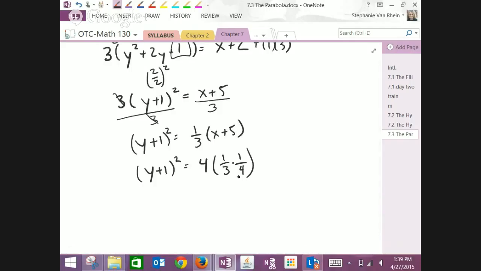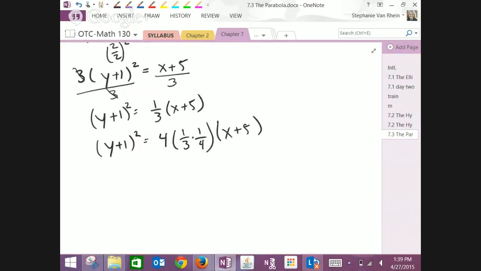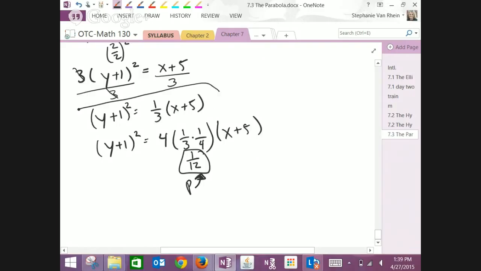P ends up being a 12th. But I don't know if we're going to need that. Right? 4 times 1/12 is a third. Right, so this would be P. And it's positive. This is just an easy way to get P, to put it in this form. This is the general form.